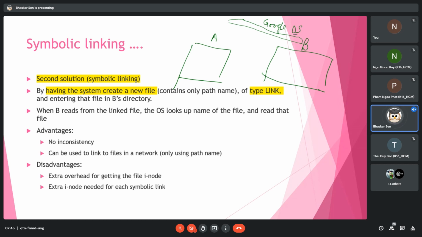Basically you are using the drive space. You have a file that's open, and you want to share it with Mr. B.